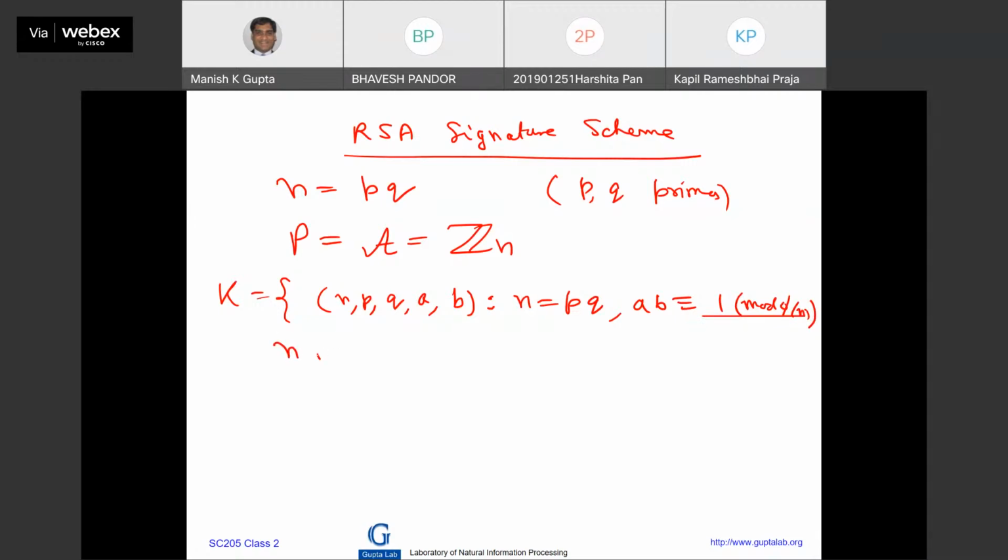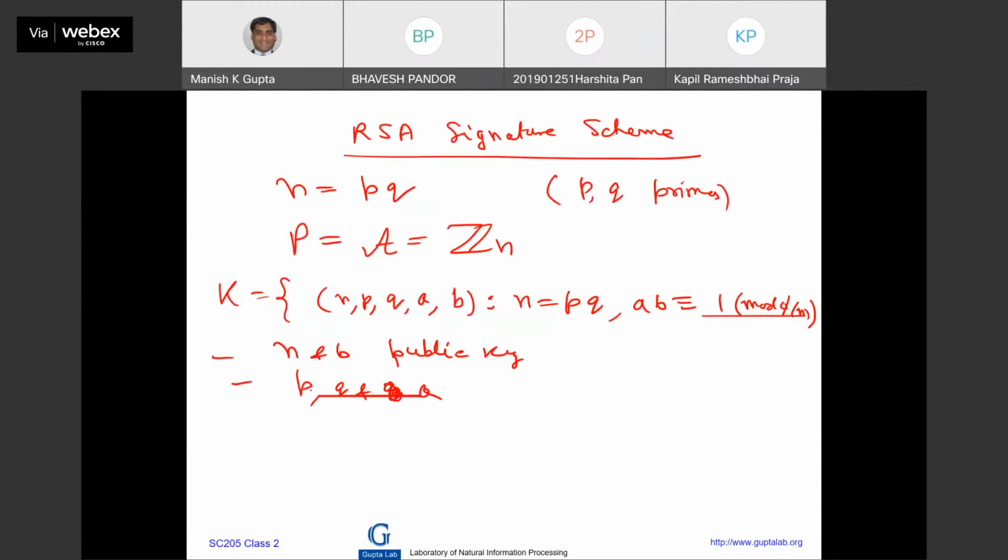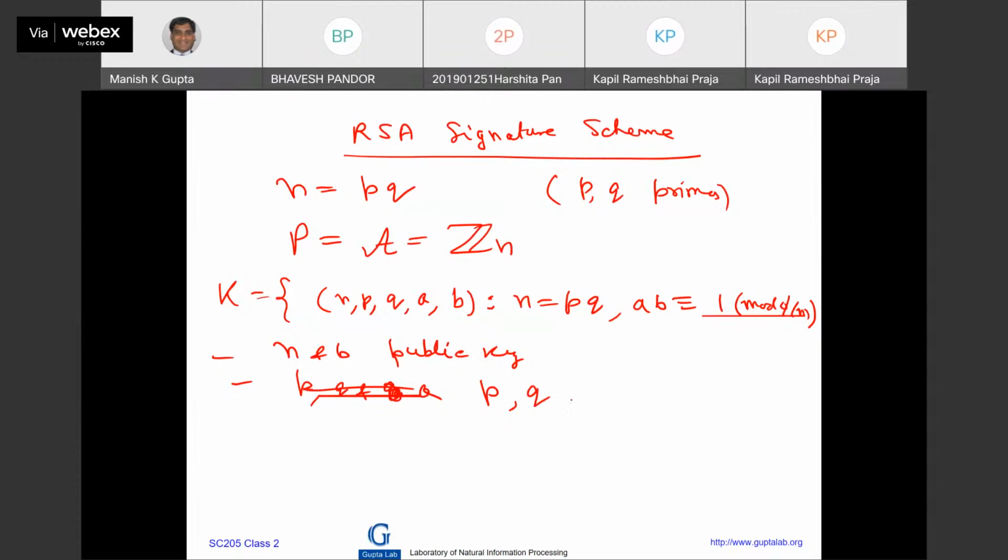So here the values n and b are the public key, and P, Q and A are the private key. Now I should give you the signing algorithm and the verification algorithm.